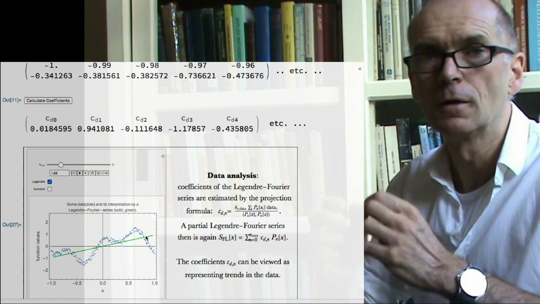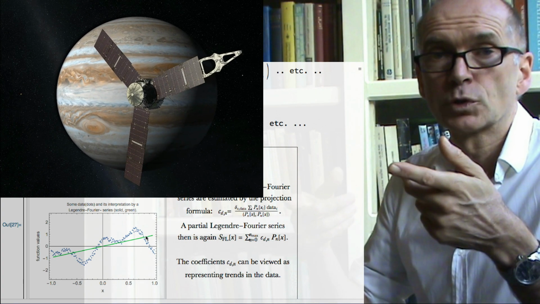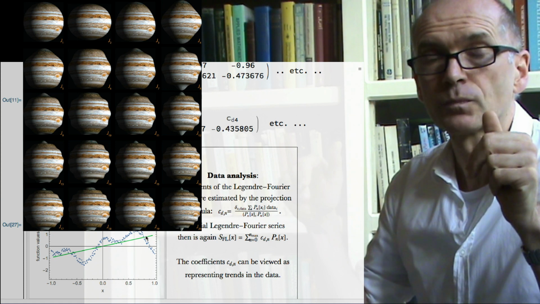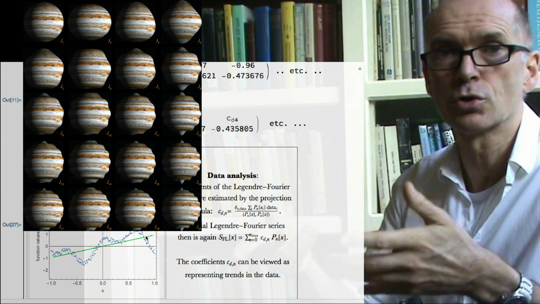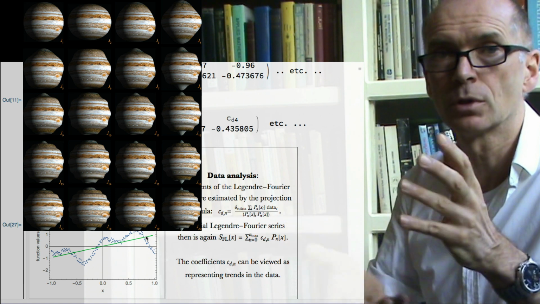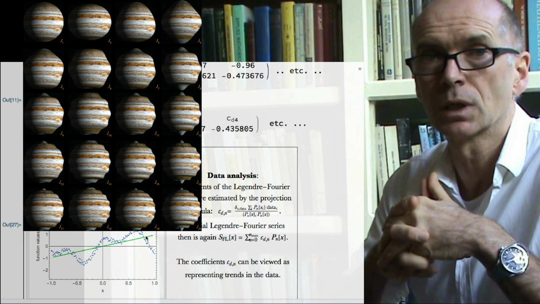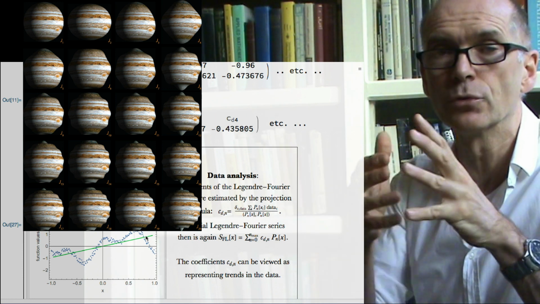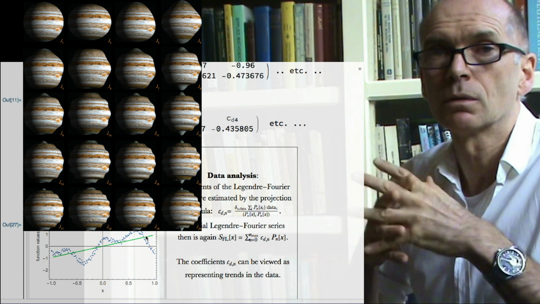This coefficient. So in the Juno mission, they reported that they used so-called spherical harmonics. Now those are a little bit more two-dimensional versions of what we do here. With a Legendre polynomial, you take only the north-south component into account. If you generalize it and take also the east-west component into account, you get spherical harmonics.